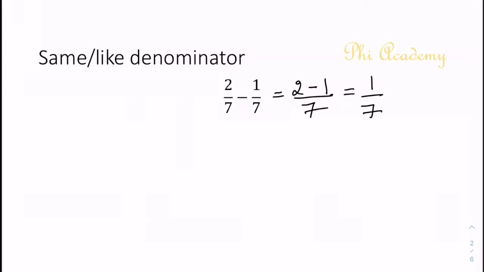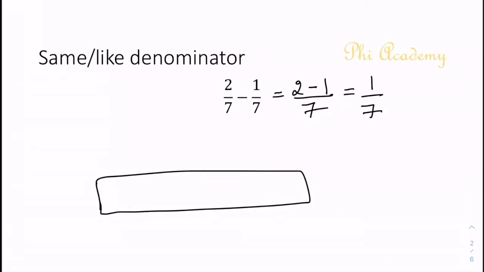Now what does this actually mean? Let's take for example a piece of chocolate, and I'm going to divide that into 7 equal parts: 1, 2, 3, 4, 5, 6 and 7. So let us start by showing 2 over 7. 2 over 7 is nothing but I'm going to color 2 parts of the 7 in red.